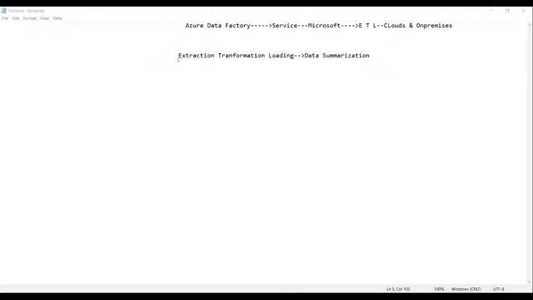Anyway, ETL stands for extraction, transformation, and loading. It is a process where the data is summarized, so we can say it is a technique used for data summarization. And this ETL is a very old technique, guys. Nowadays we are even using ELT.